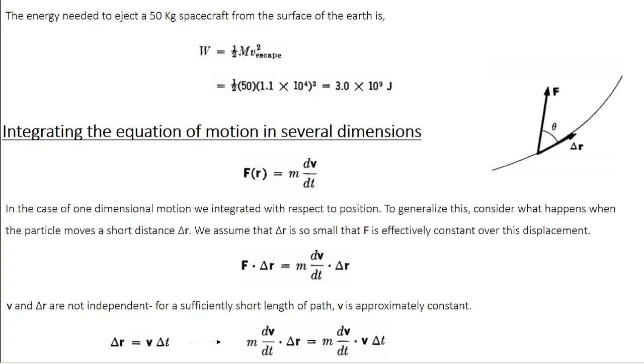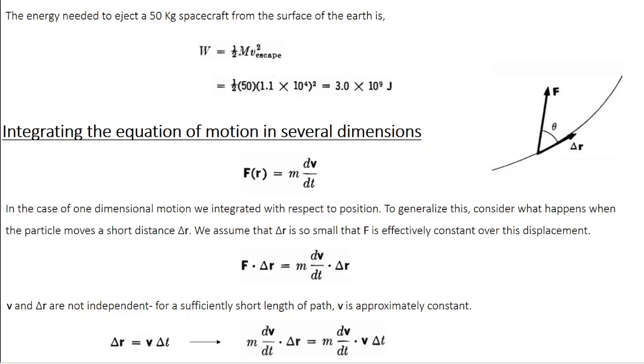When you are launching the spacecraft, obviously you are launching it with escape velocity, so the final kinetic energy is going to be half m v escape square. Since the initial kinetic energy is 0, the change in kinetic energy is nothing but the final kinetic energy, right? So work done equals half m v escape square. You plug in the values, you get the result 3 into 10 to the power 9 joules.